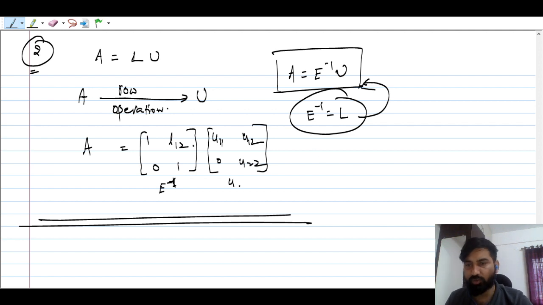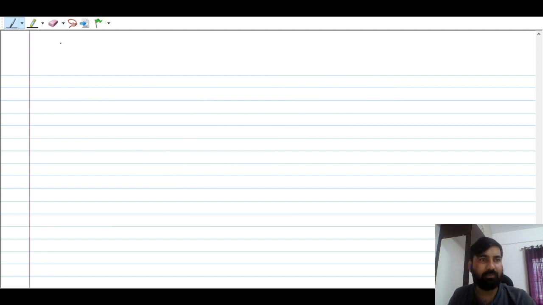ठीक है. So what you can do here is, आपके पास A matrix है. Okay, A matrix है. You got what? U matrix, right? Now what you can do, you can just multiply by E here. E times A equal to U, right? Suppose EA equal to U, you got.